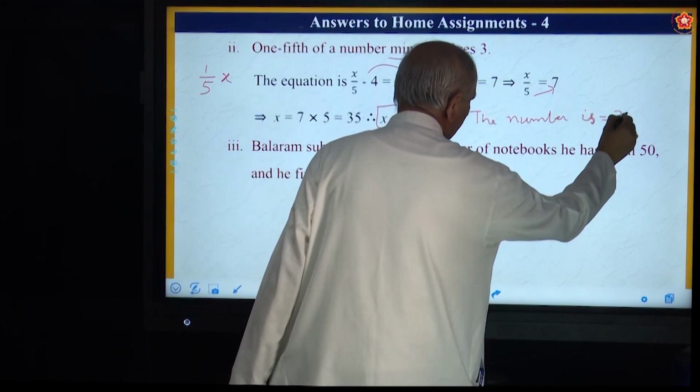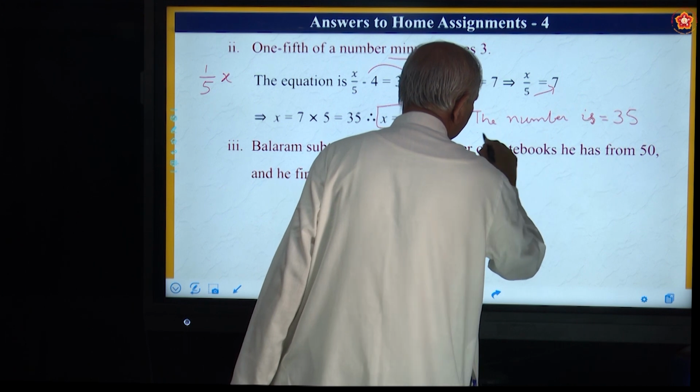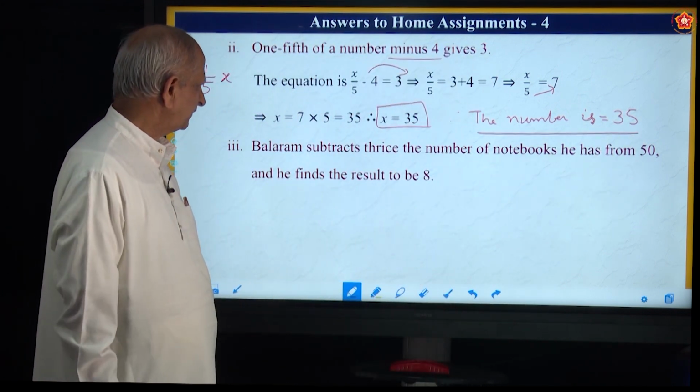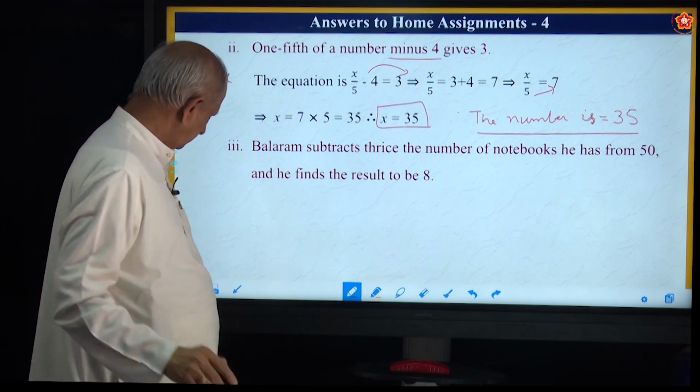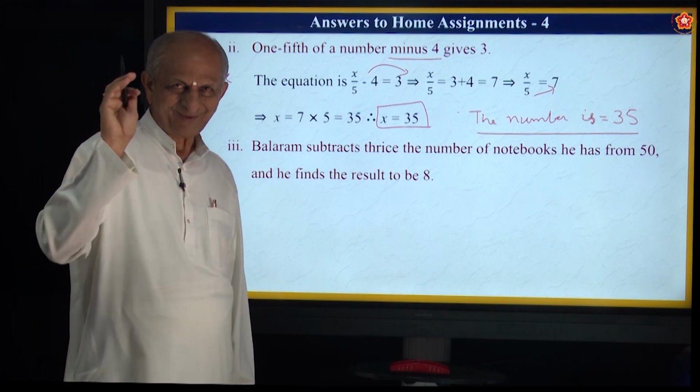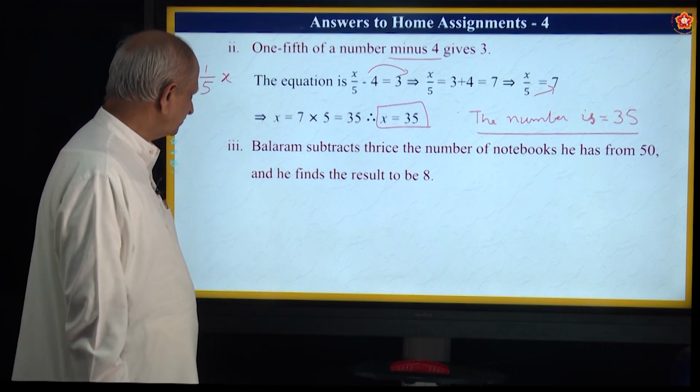That is the answer. You must write it for half a mark. Underline that. Number is 35. Okay. Is it all right? How many understood this? All. Good. Come on, next question.